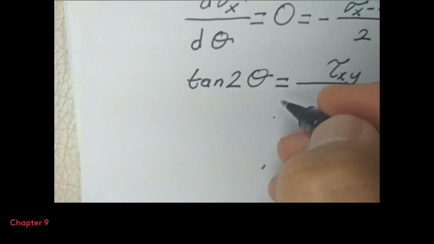Okay, so 2 tau xy divided by sigma x minus sigma y divided by 2. Now it's simple. In fact, this has two roots, so theta can have two values which are 180 degrees apart. In fact, both are identical, so it doesn't matter.